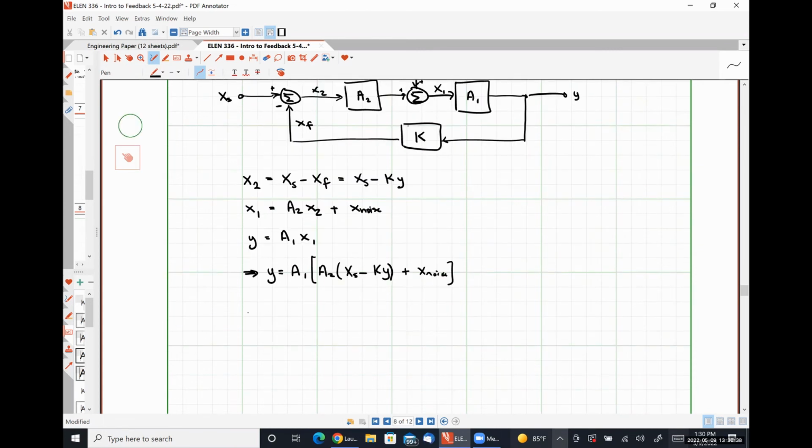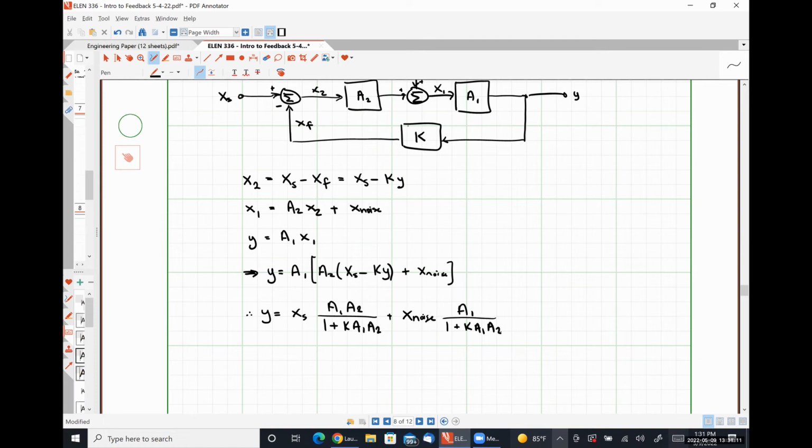And with a little bit of algebra, this becomes XS times A1, A2 over 1 plus K A1, A2, plus X noise times A1 over 1 plus K A1, A2.